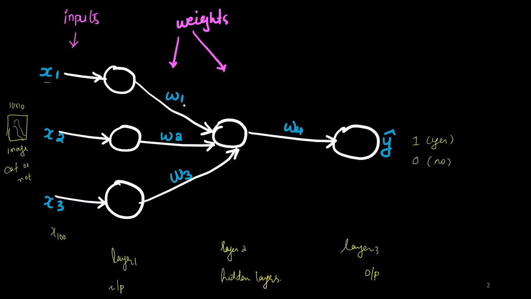Training the network means we have to give appropriate values for these weights, and there is one more parameter called bias. So we have to give appropriate values for weights and bias. That is what is meant by training. In order to set appropriate values for weight and bias, there are some steps, and we do back propagation for this.